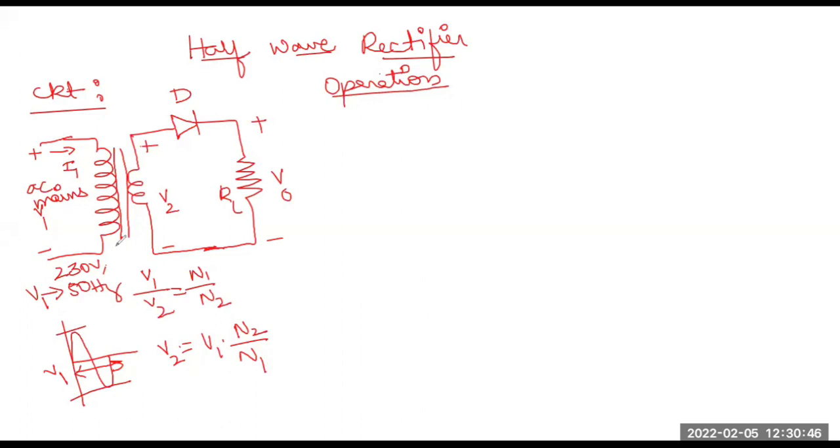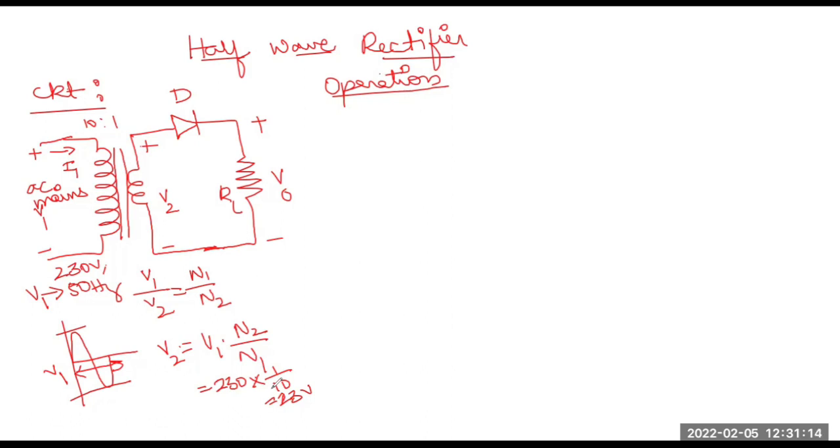For example, if I take 230 volts, and N1 to N2, for our understanding, let us say is 10 to 1, then 230 into 1 by 10. So what do you think this voltage is? It is 23 volts.